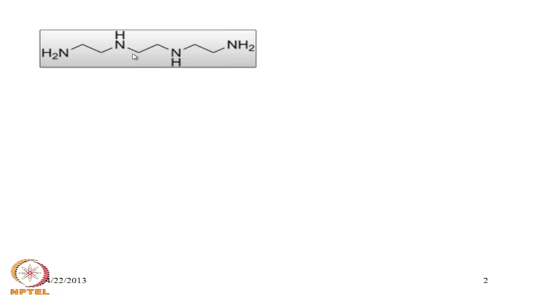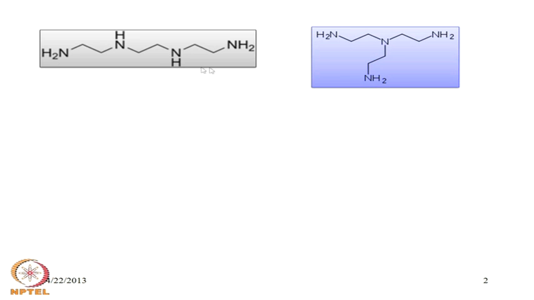When it is condensed with pyridine 2 aldehyde, it can give us a similar type of Schiff base ligand, but the donor atoms all will be nitrogen. So, it would be an N6 ligand binding to any octahedral metal ion.